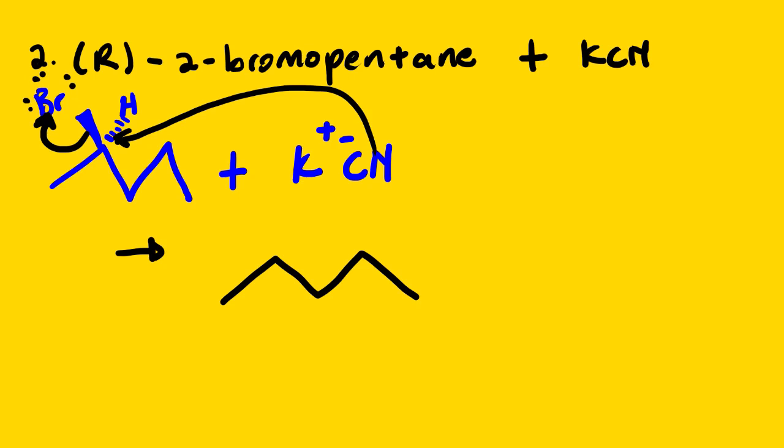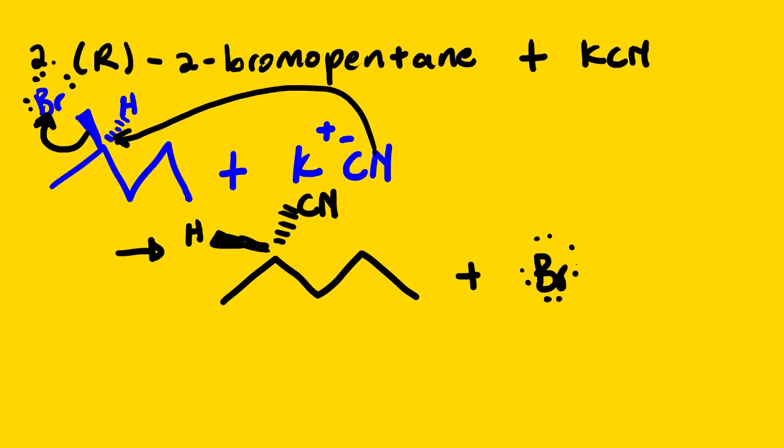So if Br leaves with a pair of electrons, and this CN minus attacks from the direction of hydrogen, it simply means that we are going to have CN at the back, and then we are going to have our hydrogen here, and then plus this Br, our leaving group, will leave with a pair of electrons.